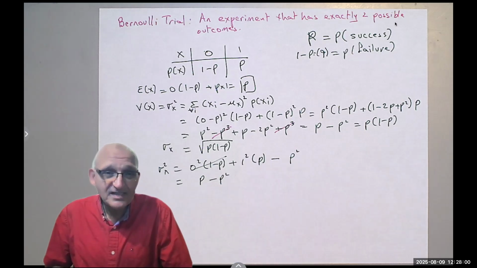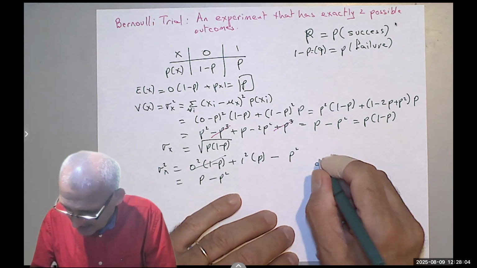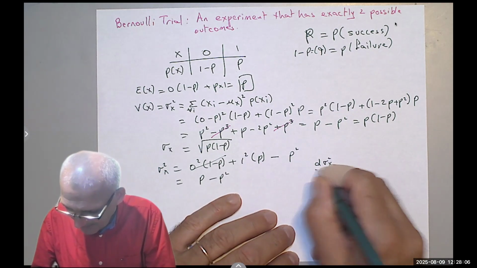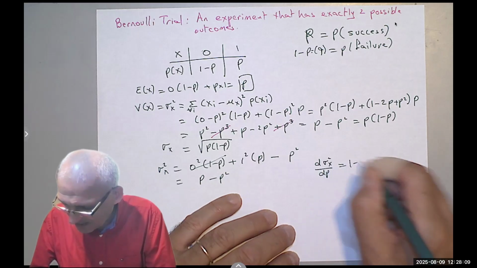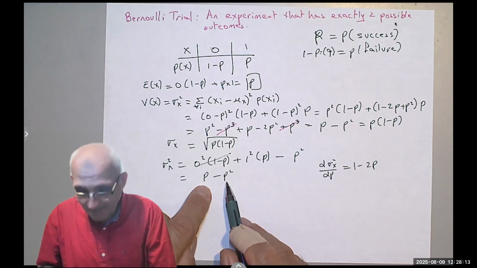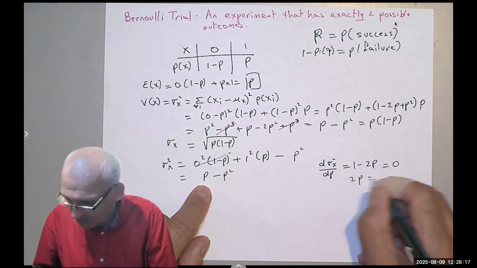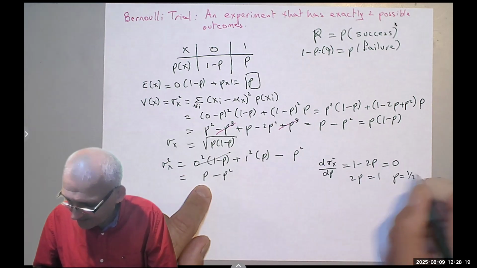If I want to find an extreme value, I would equate d sigma squared by dp equals 1 minus twice p. To find the value of p that maximizes that, I would equate it to 0, so I get 2p equals 1, p equals 1 half.